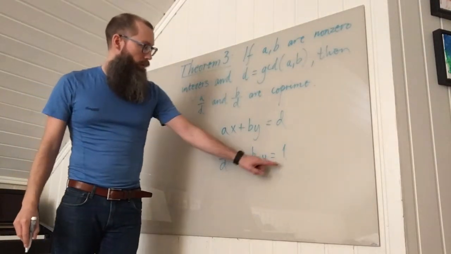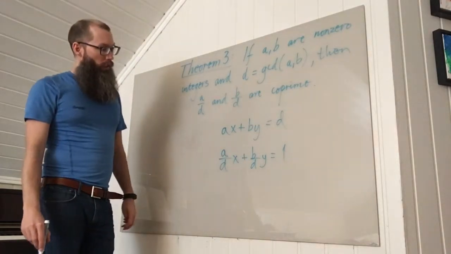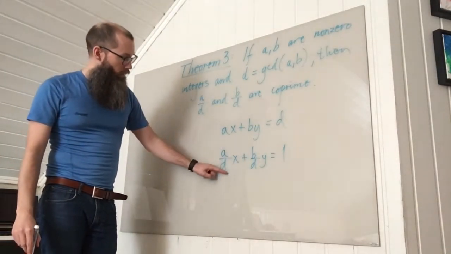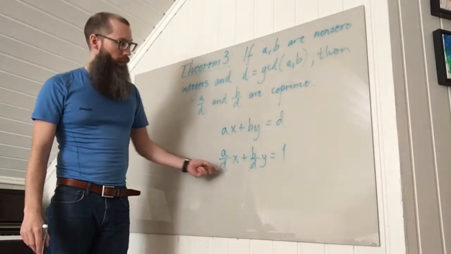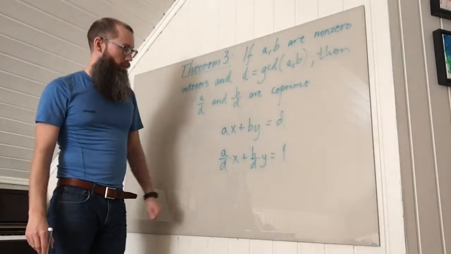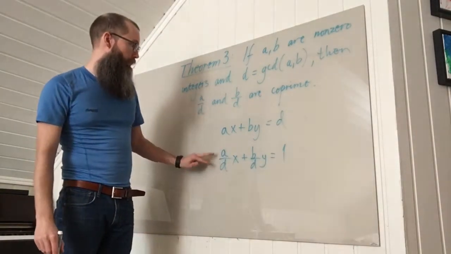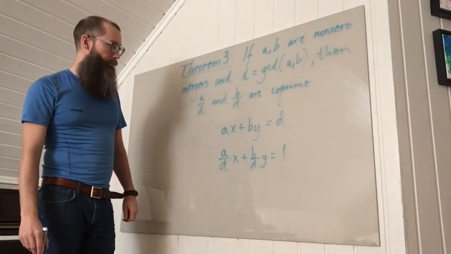And that means that 1 is the greatest common divisor of these two, because any other common divisor of these two numbers would be a factor on the left-hand side and would have to divide 1. So the only possibility is that 1 is the greatest common divisor of a by d and b by d. So they are coprime.